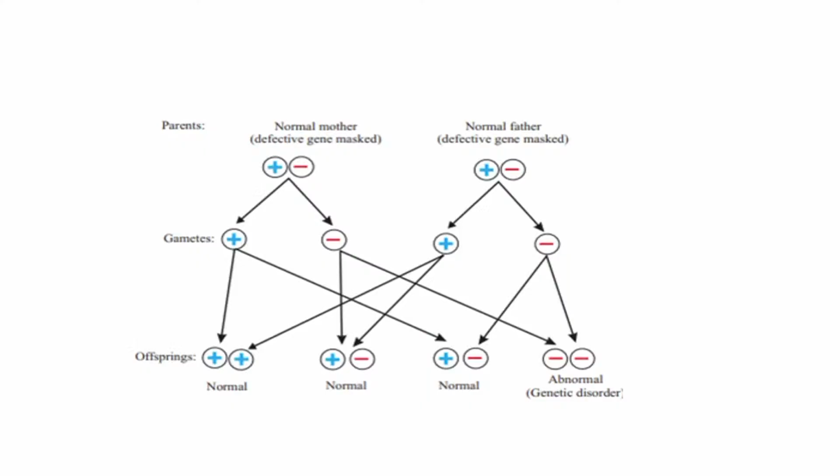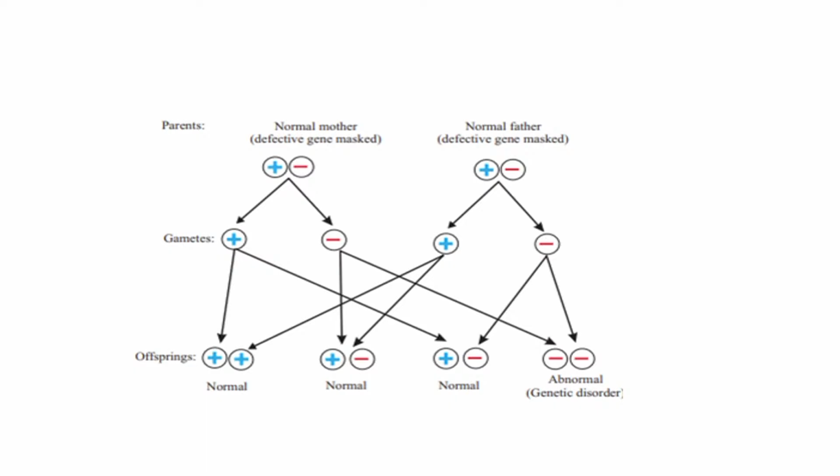So look at the figure. In this figure, a plus symbol means a normal or functional gene, and minus means a defective or mutant gene. A person with plus minus is a carrier and appears normal because the normal gene masks the defective one.